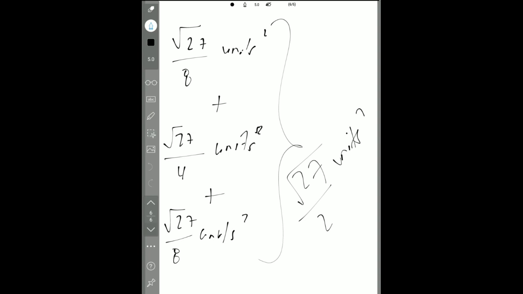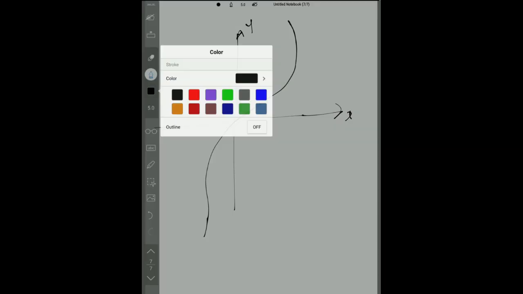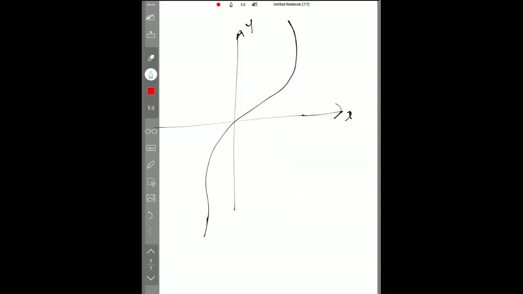Now remember that on a Cartesian plane, we have not only the x-axis but also a y-axis. We can be required to find the area not between the curve and the x-axis, but between the curve and the y-axis.